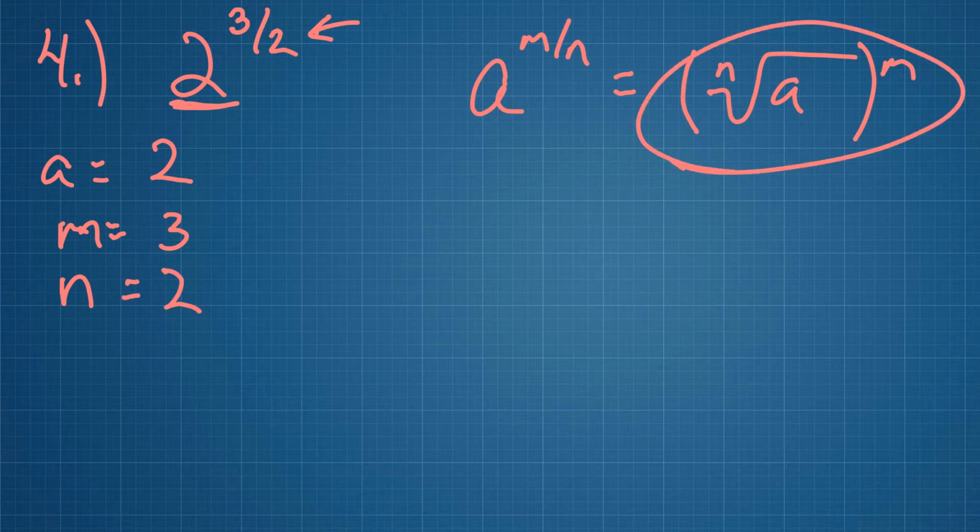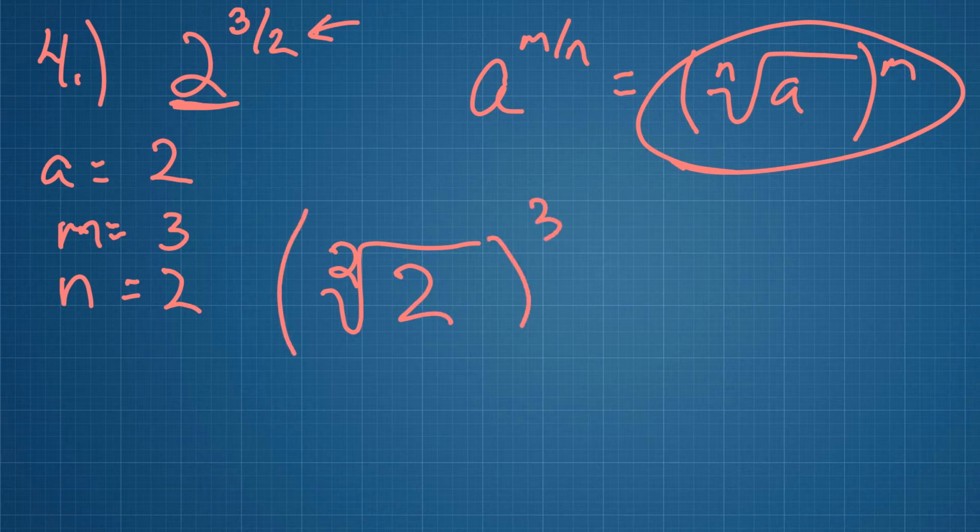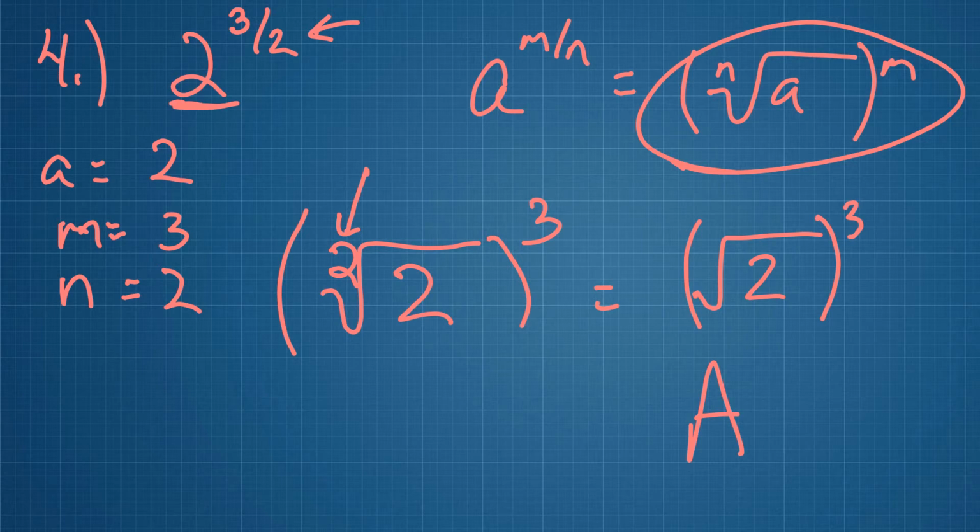So I have the second root, or the square root, of 2, because A is 2, all to the 3rd power. Remember, the book never writes that little 2. So they're just going to erase it. So your final answer is going to be the square root of 2, all to the 3rd power. And if you look at that matching, that is A.